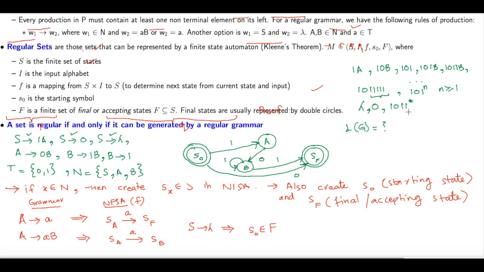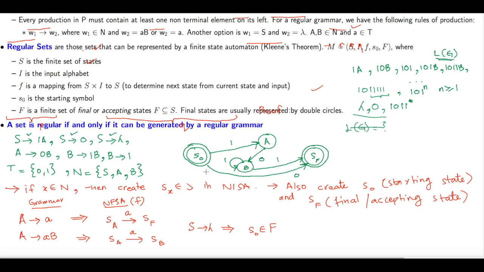This makes sure that we have zero or more ones, and then we have a 1 here. So this is the language of the grammar.